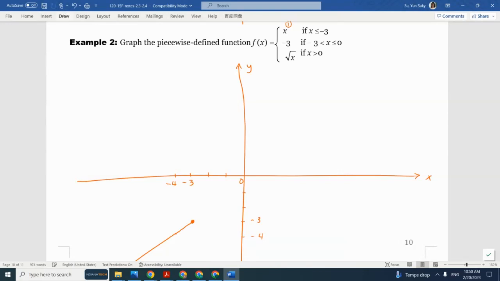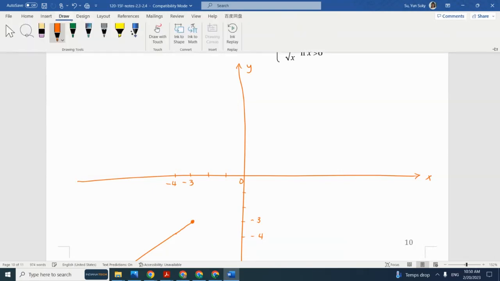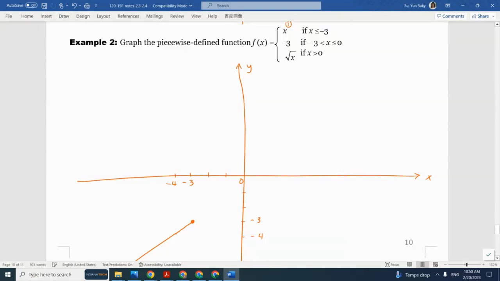Okay, and then keep going. Second piece. When x is between -3 and 0, do we include -3? No. Do we include 0?